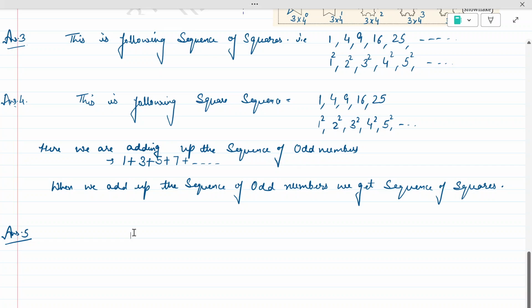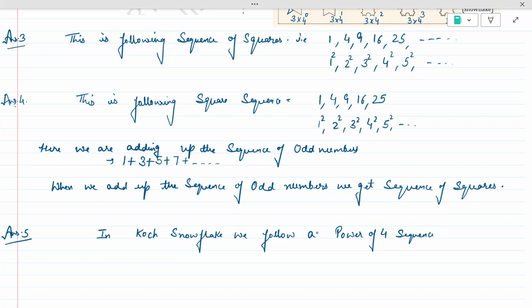So what I am writing here again is, in the Koch snowflake, we follow a 3 multiplied by power of 4 sequence.